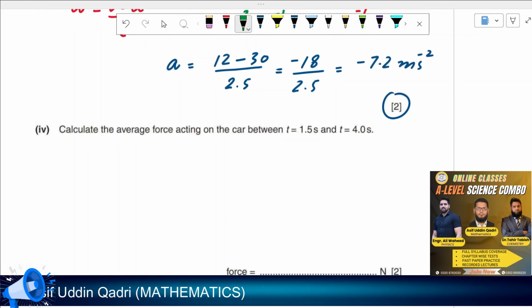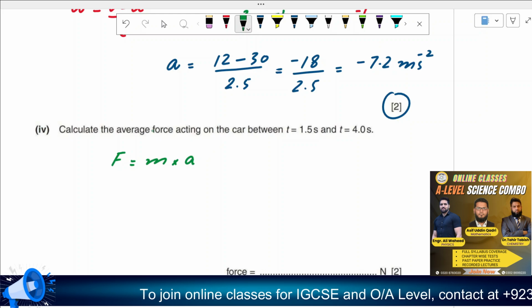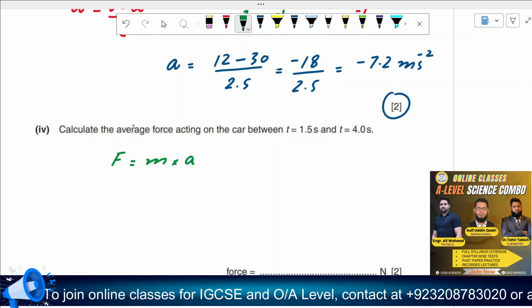Now for the last one, calculate the average force exerted. For the average force, we have the formula F resultant equals force equals mass times the acceleration. Since the acceleration is the average acceleration, that's why they're using the word average force.